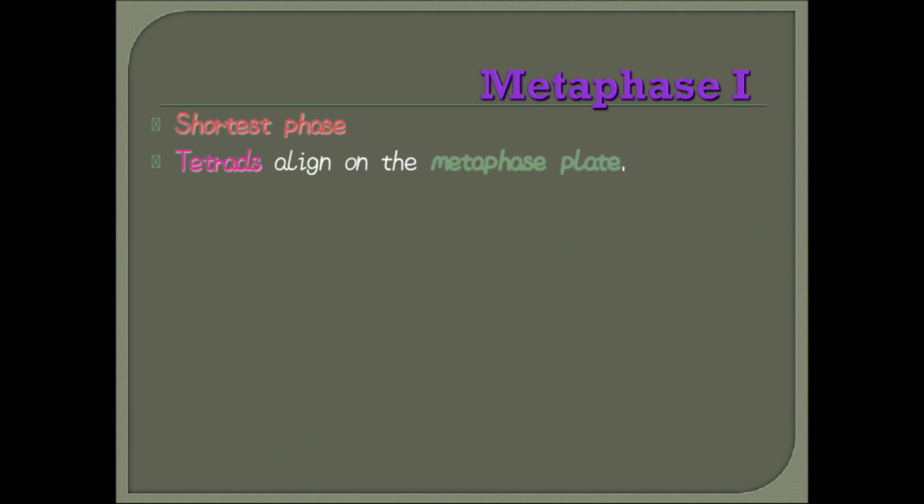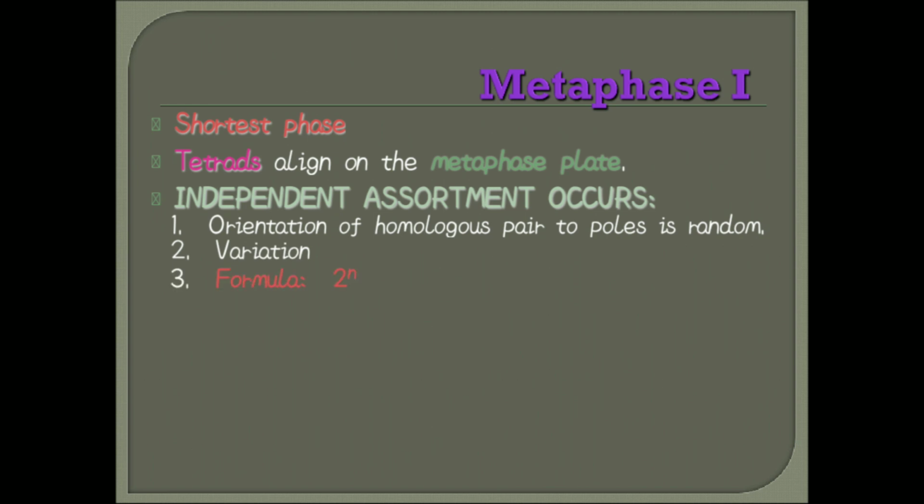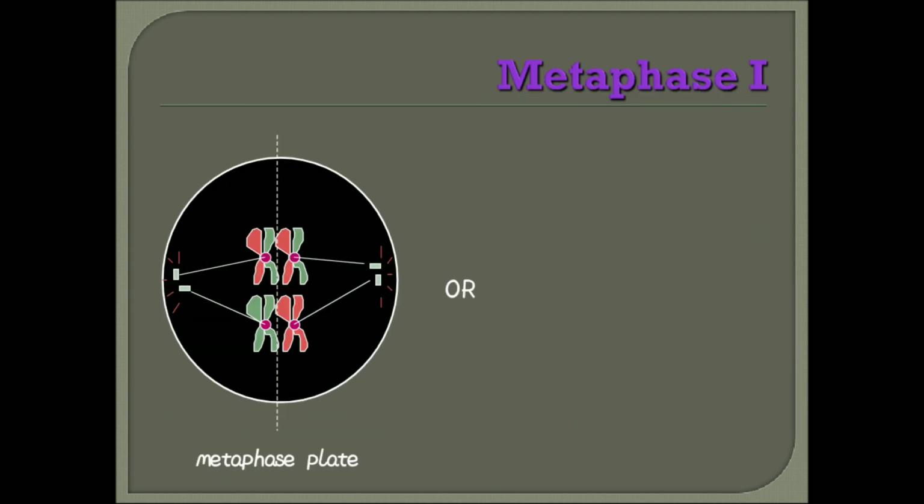Tetrads arrange themselves on the equatorial plate. Independent assortment occurs here, and variation occurs. We can observe here how the tetrads arrange themselves on the equatorial plate.